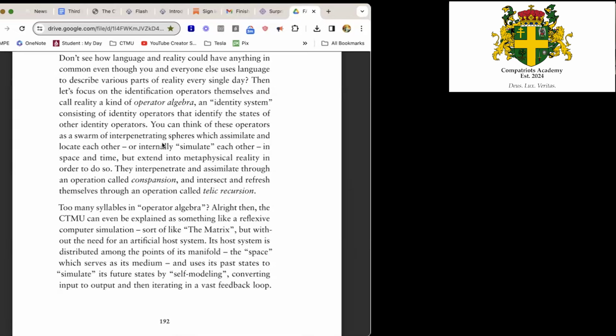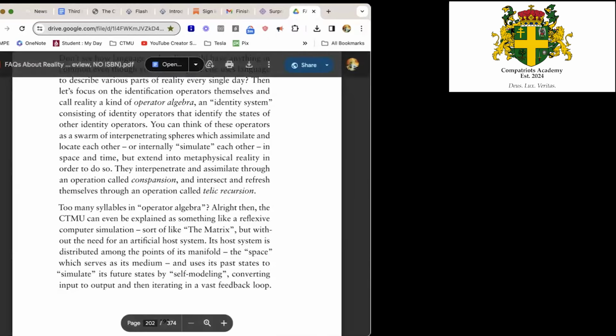Those extend into the non-terminal domain, this world of design and potential, in order to do so. So the self-simulation has two aspects: the non-terminal or programming domain, and the terminal or display domain. Syntactic operators connect those two domains and therefore connect physical and metaphysical reality. So they're almost like the fundamental voxels of reality. Yeah, the smallest unit on my screen is a pixel.